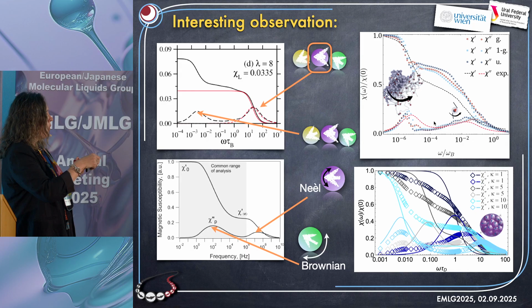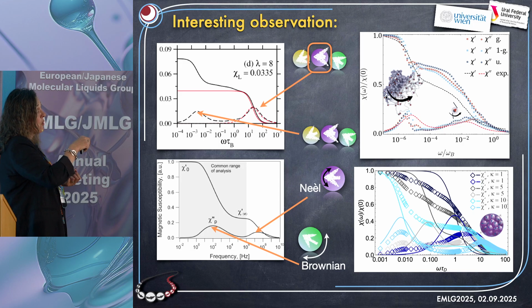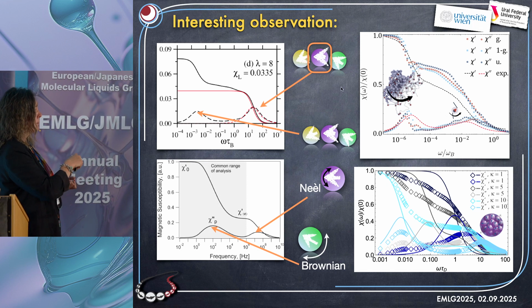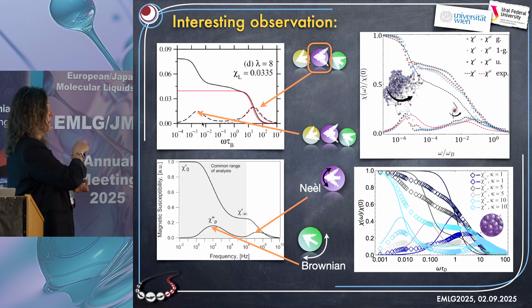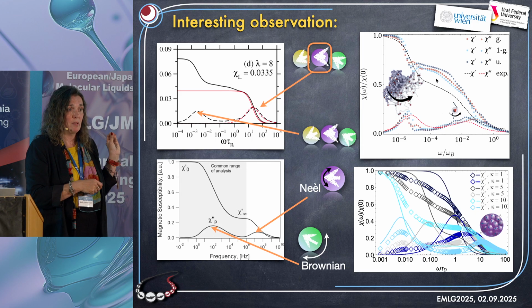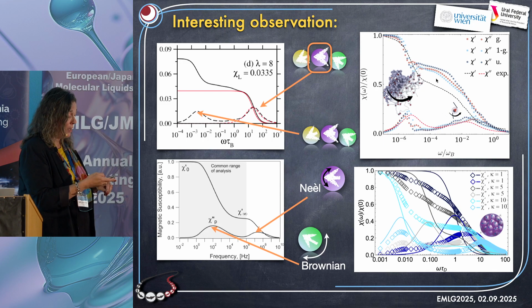You can also play by changing the concentration of crosslinkers or magnetic content inside a soft colloid. In principle, that is less controllable. You can control the aggregation. And all this never gives you a single Debye peak. None of them are Debye.